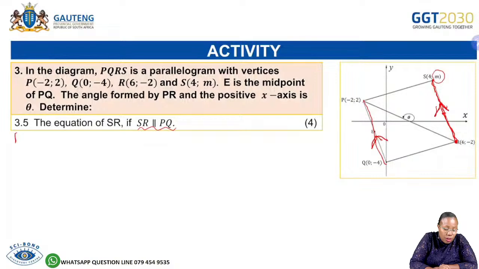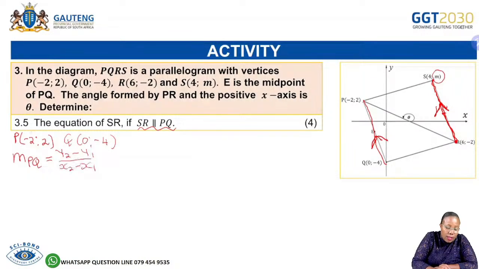We need the coordinates of P, which is -2 and 2, and the coordinates of Q, which is 0 and -4. And then we will be calculating the gradient of PQ, which will be y2 minus y1 over x2 minus x1, where this is x1, y1 and this is x2, y2.